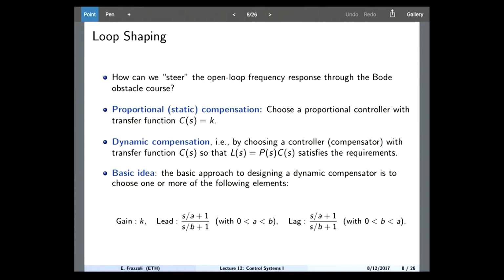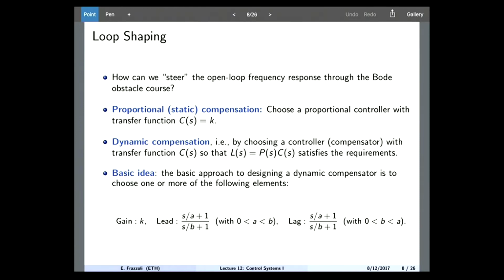Nothing, okay? Good. But just moving the Bode plot up and down may not be sufficient, right? Because maybe I clear the low frequency obstacle, but then I'm too sensitive to noise, okay? So what I want to do is not only move it up and down, but also bend, shape this loop transfer function. The way we do it is by using what is called dynamic compensation, okay?